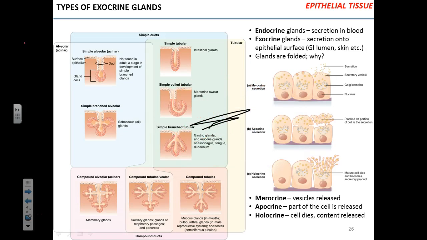Now, before we move to exocrine glands, there are 6 types of epithelium. That is what I will ask you on the exam. So I have 4 simple types: squamous, cuboidal, columnar, pseudostratified. And you have transitional, and you have stratified squamous.